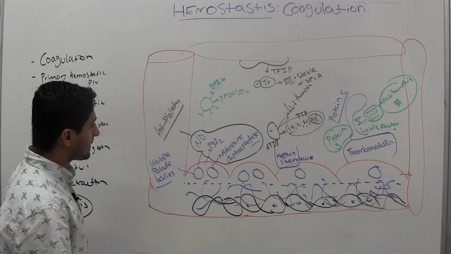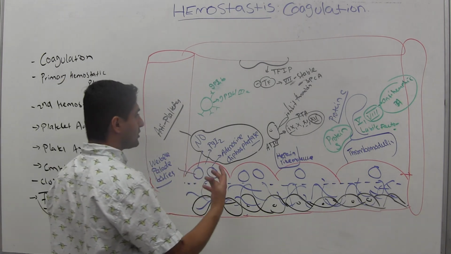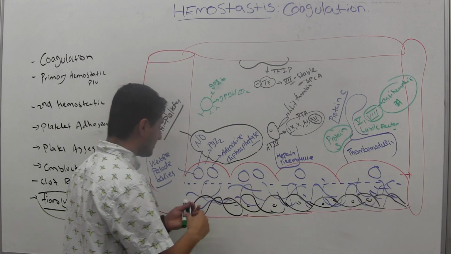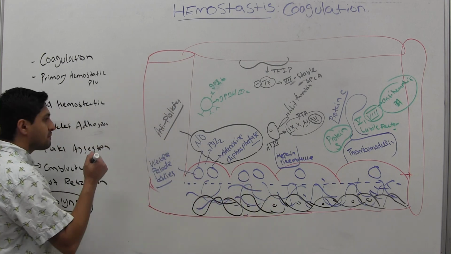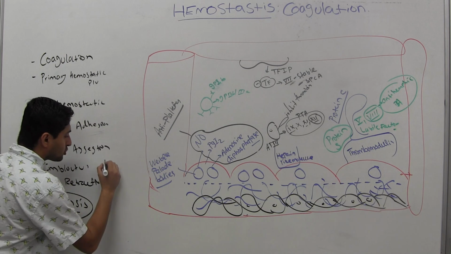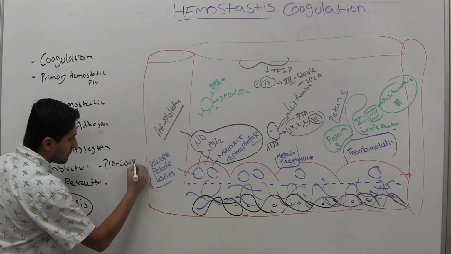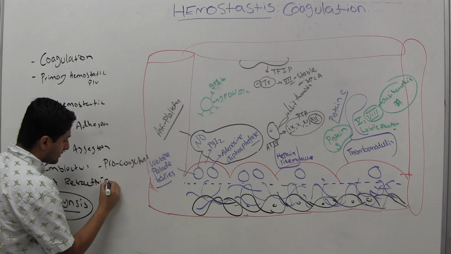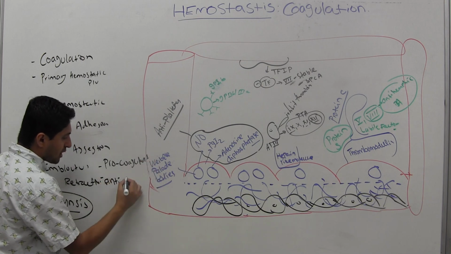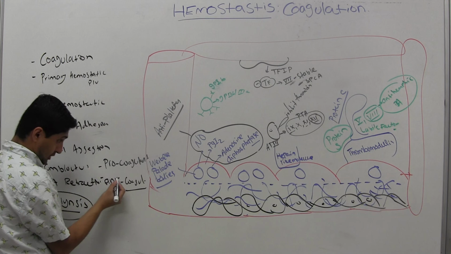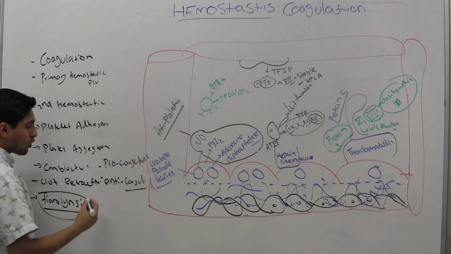And one more thing that is also happening during the process is this concept of procoagulant, right? There's a procoagulant and then there's anticoagulant. What does this mean? Procoagulant basically means that it favors the coagulation process.